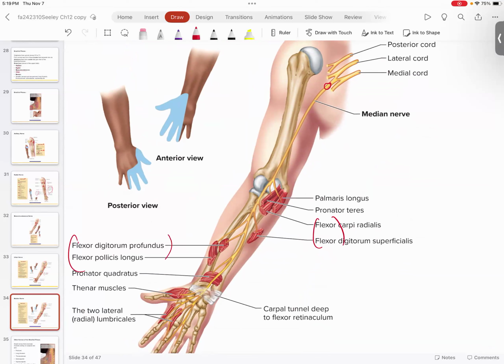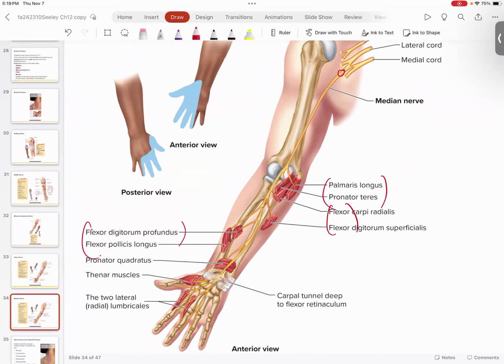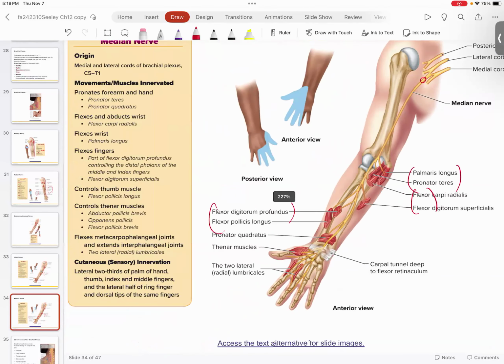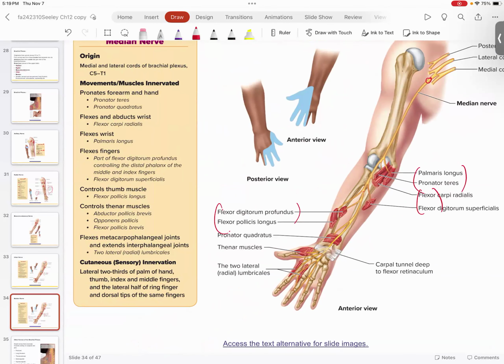So basically all those flexors that we learned about, palmaris longus, flexor carpi radialis, right, flexor digitorum profundus, and things of that nature. So the majority of the flexors of the lower arm are going to be fed by the median. So you have ulnar coming down the ulnar side, radial and musculocutaneous coming down the radial side, and the median kind of coming down right in the middle.